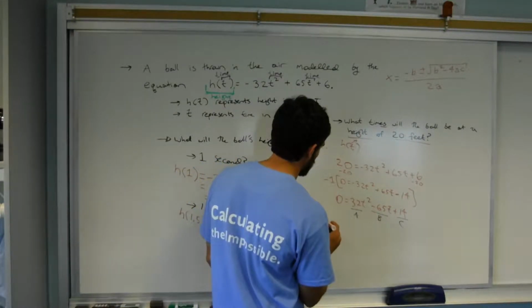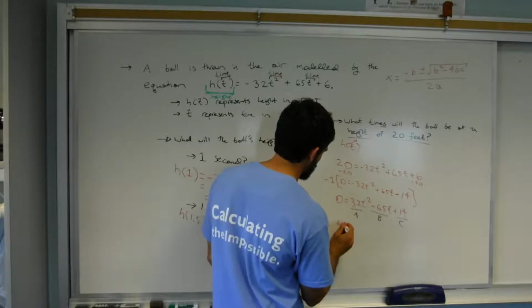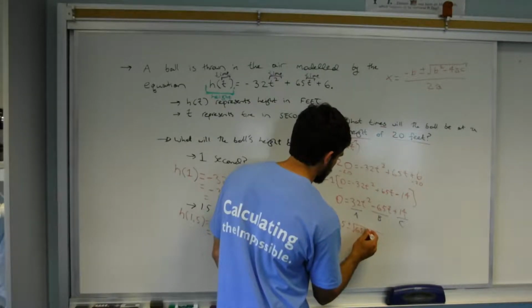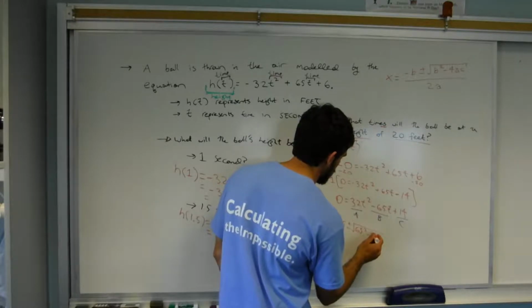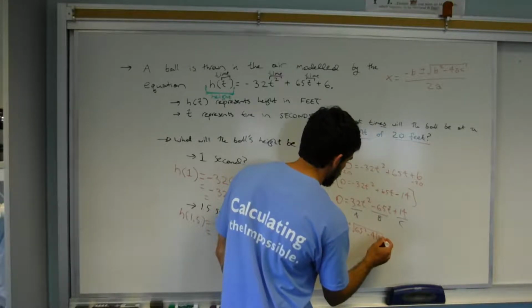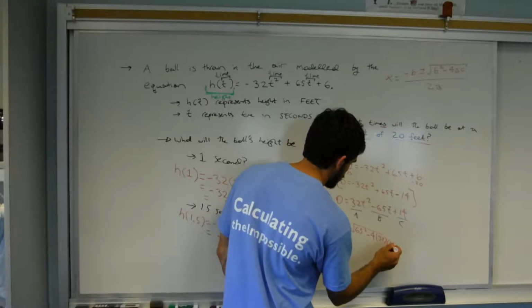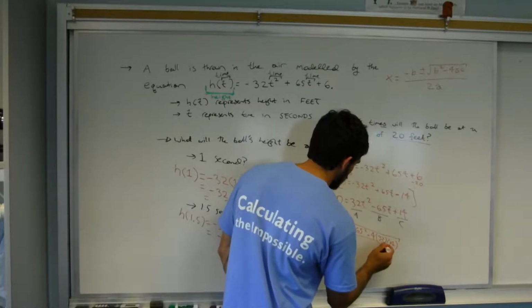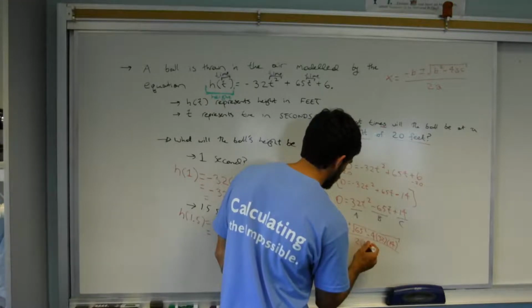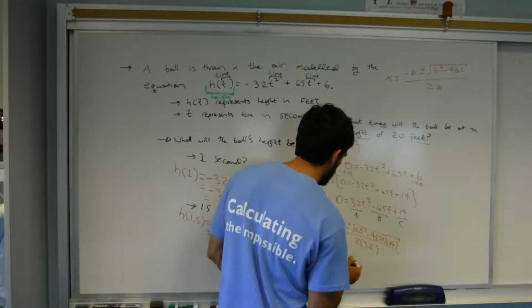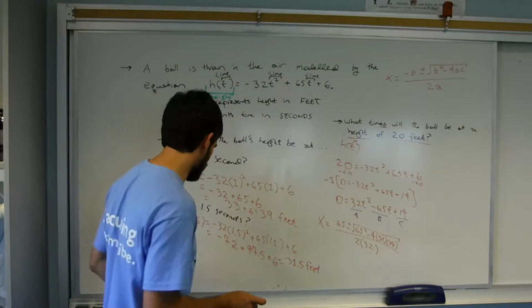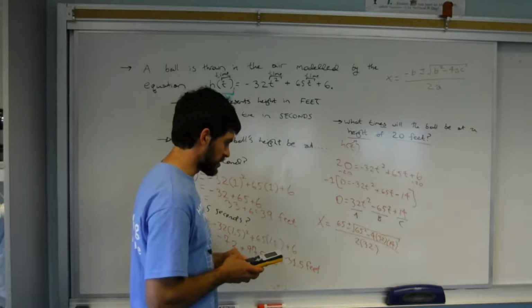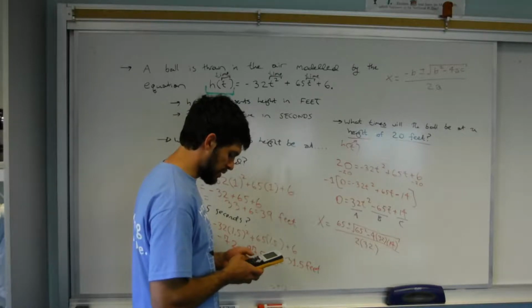Our x is going to be equal to 65 plus or minus the square root of 65 squared minus 4 times 32 times 14, all divided by 2 times a. And then we're just going to plug this all into our calculator. So first I'll do the plus case.